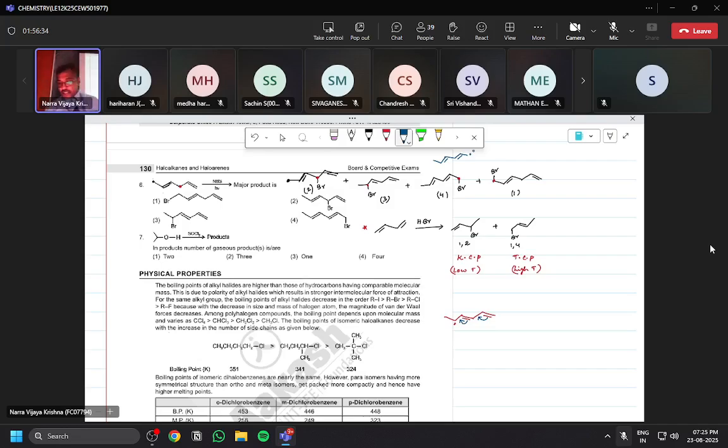This is also extension of conjugation, but secondary, which is more stable. Secondary is more stable. So which is the answer now? Are you able to understand? Therefore, this becomes major. No cross conjugation. It is extension of conjugation. Any questions, sir?